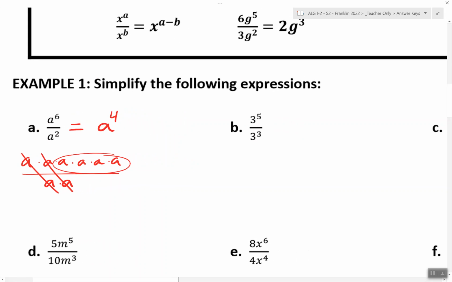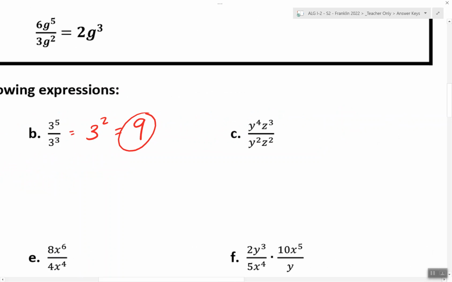For example B, remember, even if the base is a number, keep it the same and do the exponent operation. So keep the base of 3, 5 minus 3 is 2, so 3 squared is our final power, and we can evaluate that. 3 times 3 is 9. So 9 is our final answer there.